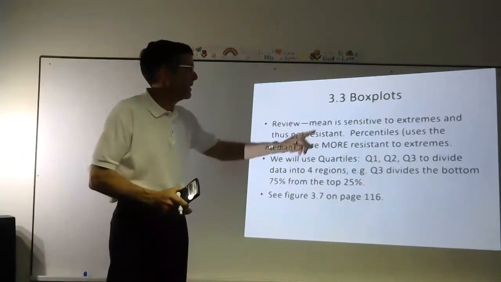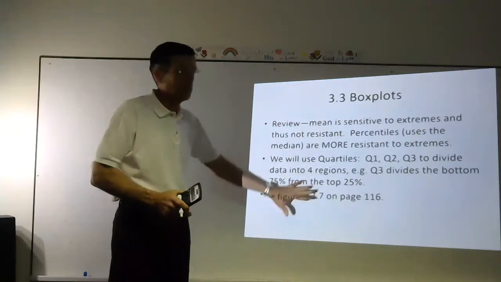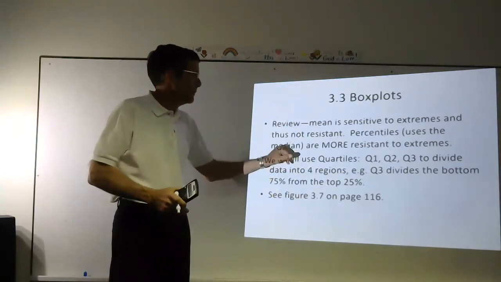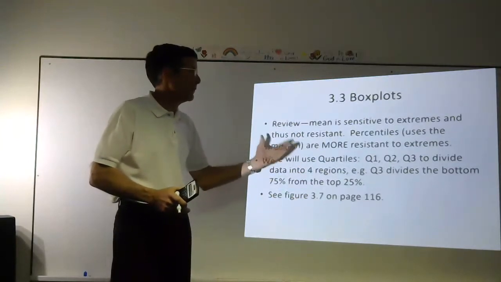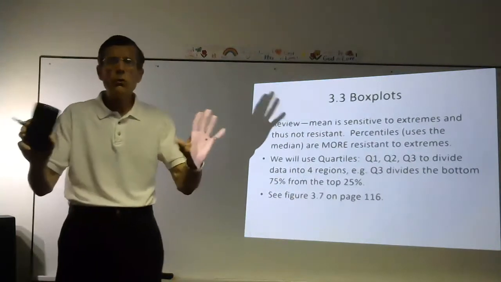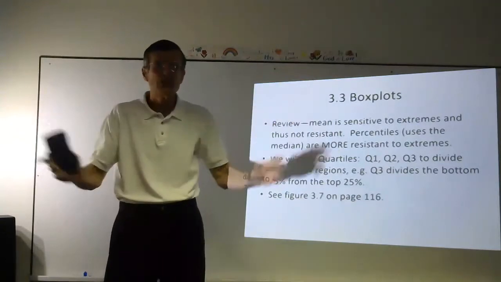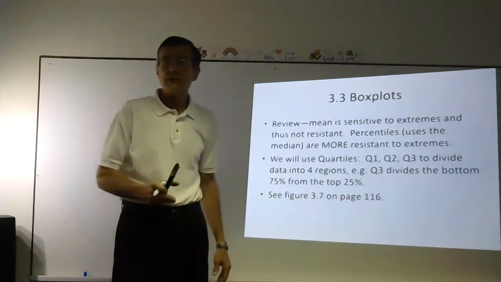So the mean is sensitive to extremes and it's not resistant. Percentiles, what we're going to get into today, uses the median and is therefore much more resistant to extremes. Remember the whole Warren Buffett thing, if he moves into your town, remember how it shifted the average. The median does not shift like that.